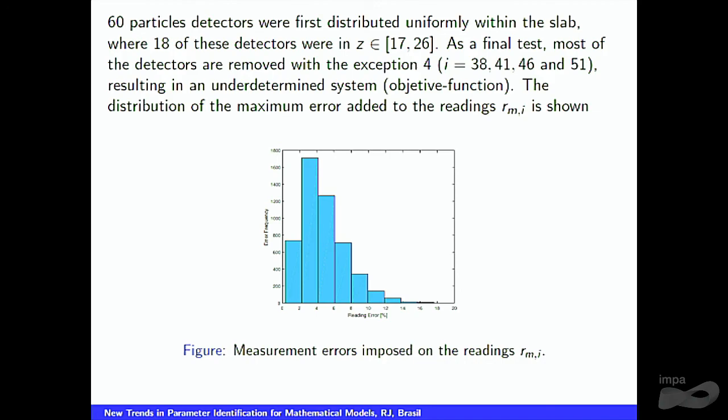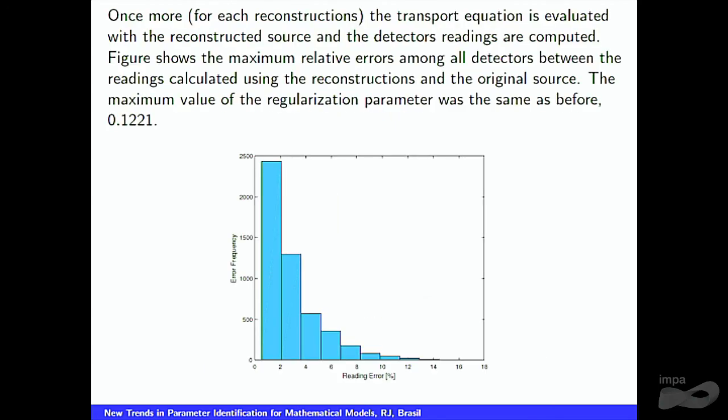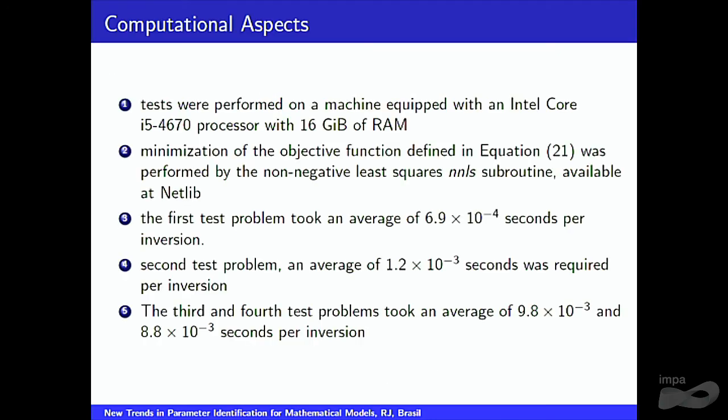In all cases here for this kind of problem, it seems that we did not get much better results by increasing the number of detectors or measurements to reconstruct the source. I think that's what I just mentioned here.